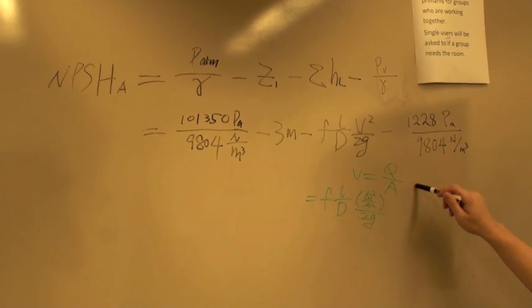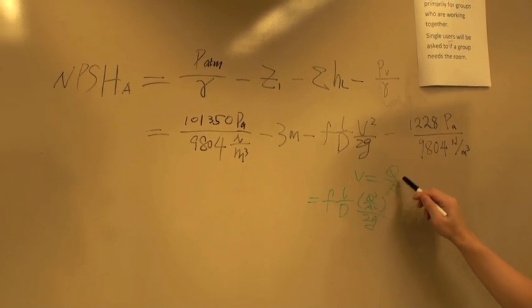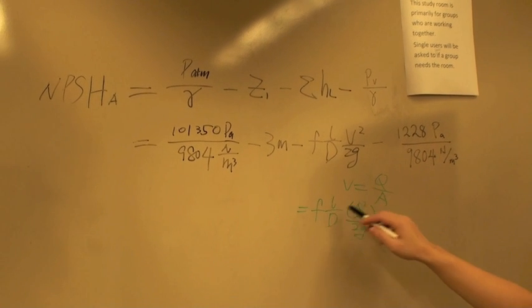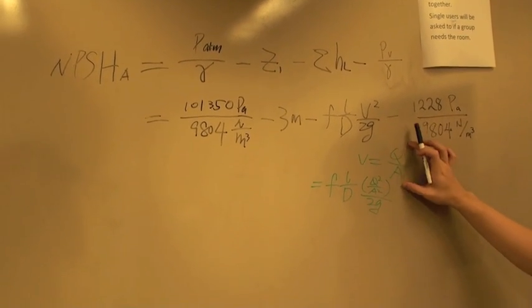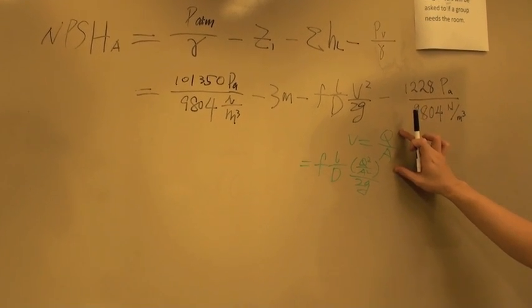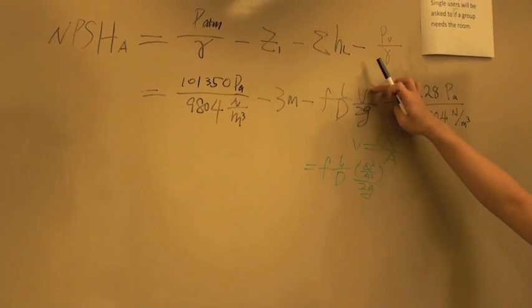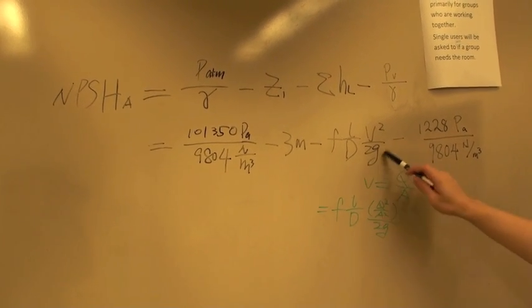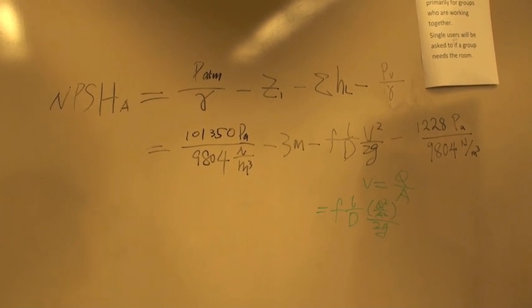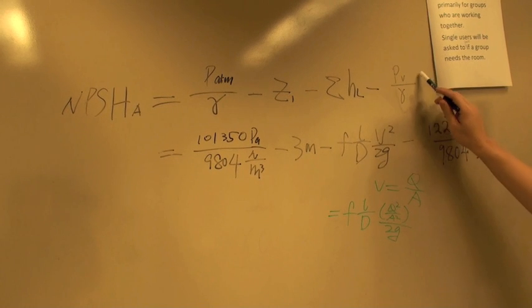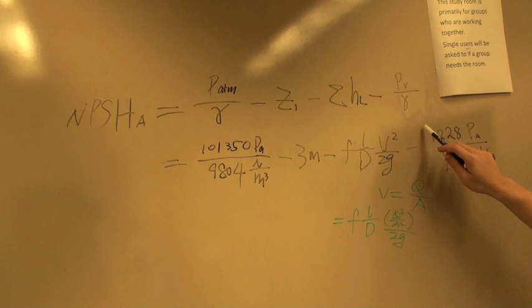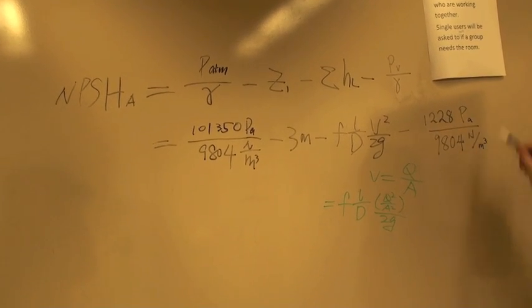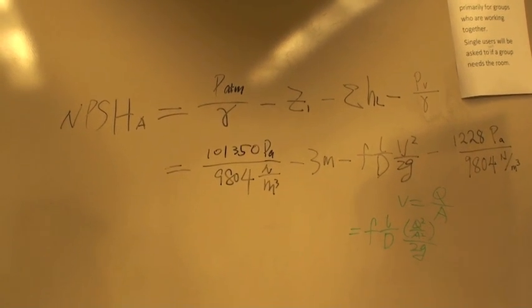Since in this question we are given the flow rate, with this flow rate we can obtain the velocity. So what we're really doing is putting Q over A into this V equation, and this is how we obtain the head loss. This head loss equation is also shown in the first question. And we subtract the vapor pressure divided by the specific weight, and vapor pressure can be obtained from the appendix of our hydraulics book. So with this equation we can obtain the actual net positive suction head.